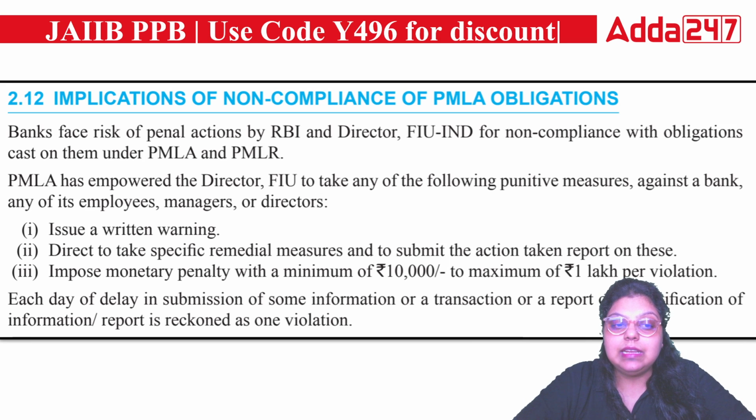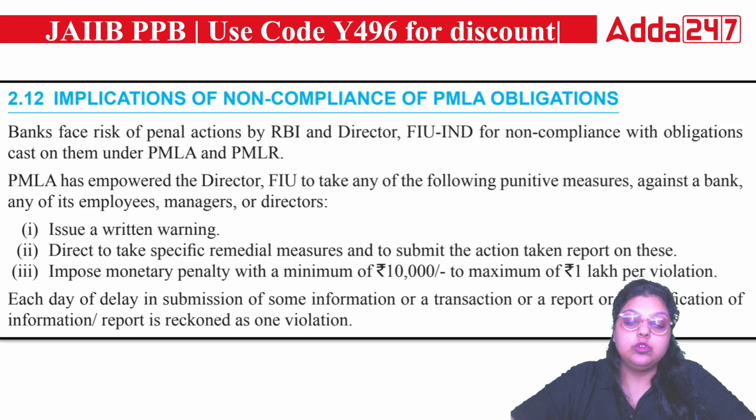The first thing is that the PMLA has empowered the Director of FIU-IND to take any of the following punitive measures against a bank, the employees of a bank, the managers and the directors. The FIU-IND Director can issue a written warning against any of them. It can direct them to take a specific remedial measure and submit an action taken report on it.